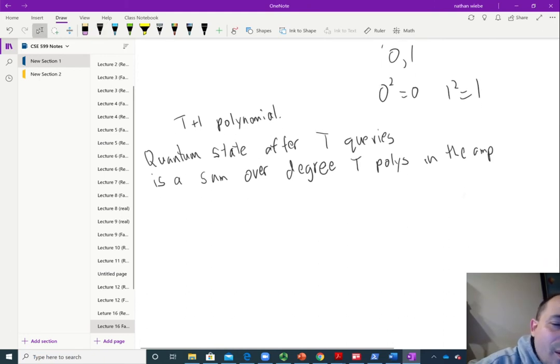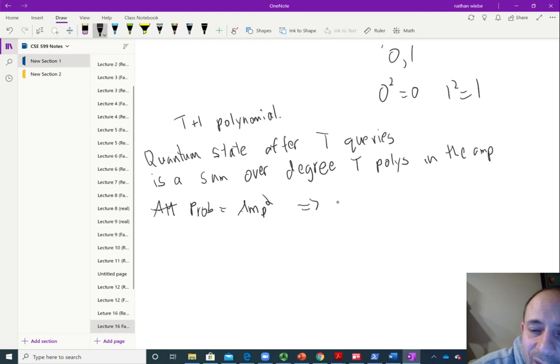Because probability is equal to amplitude squared, this means that the probability distribution is degree 2t.